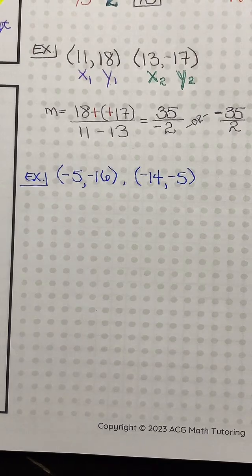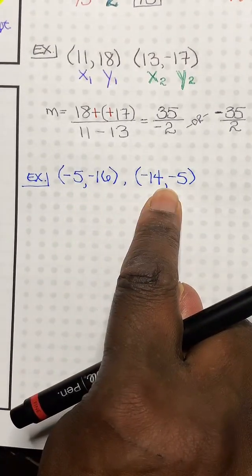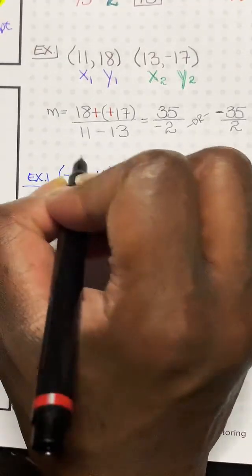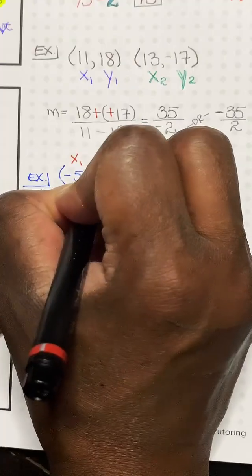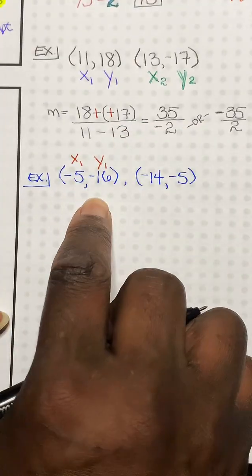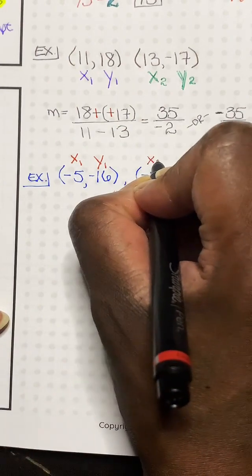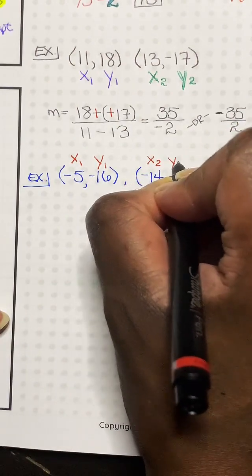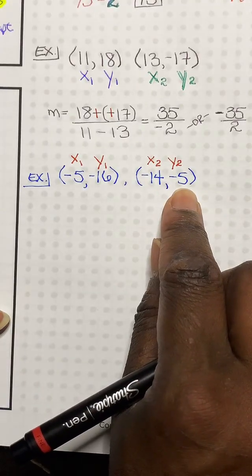All right. So let's map this out. First thing, this could be my first point, this could be my second point. So that means this is going to be my x sub 1 and my y sub 1, because it's the x and y coordinate of the first point. And this will be my x sub 2 and my y sub 2, because these are the x and y coordinates of the second point.